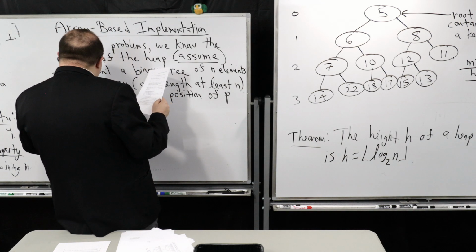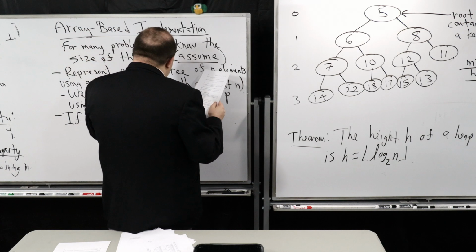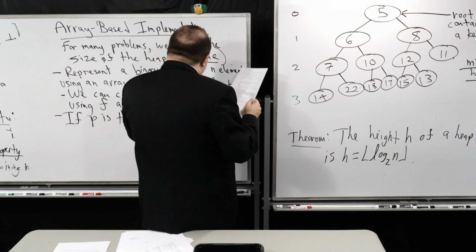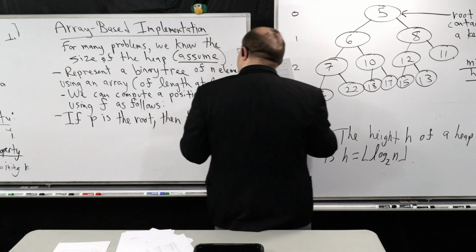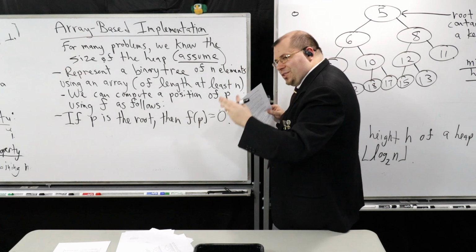So if P is the root, then f of P is equal to 0. So the root is always going to be in the 0th position of the array. It's always going to be the first position.